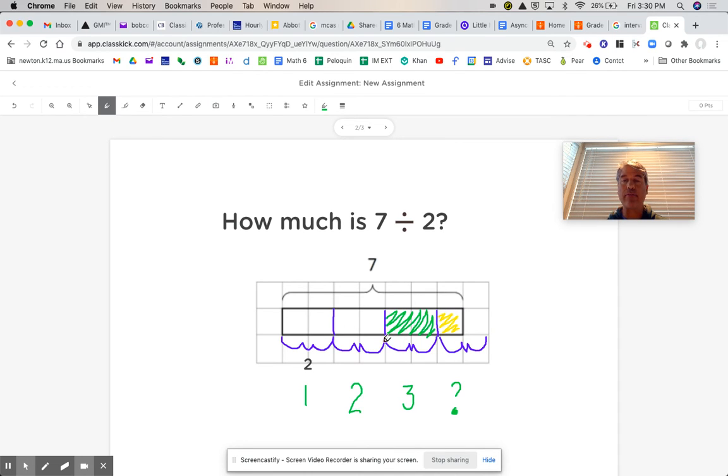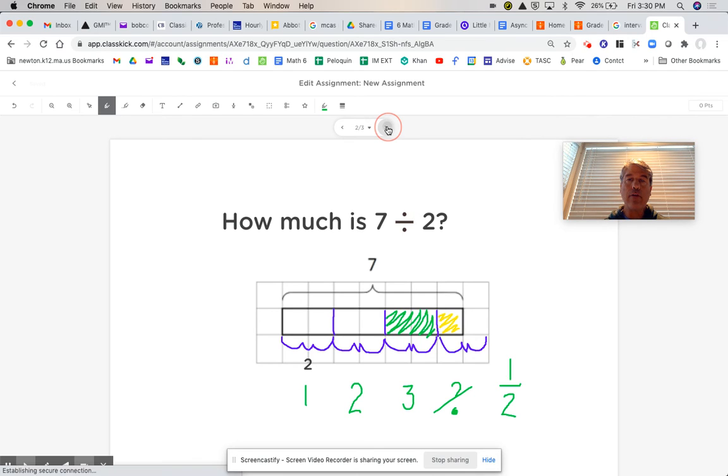So instead of saying we have 3 groups of 2 and 1/7 left over, we instead have 3 groups of 2 and 1/2 of a group of 2 left over. So that leaves us with 3 and 1/2 as our answer when you divide 7 by 2, so 3.5.